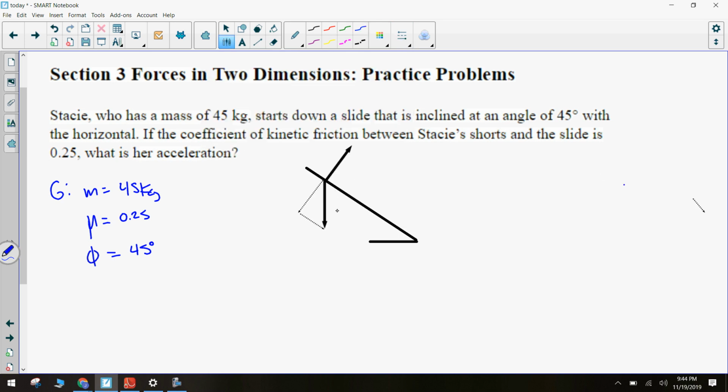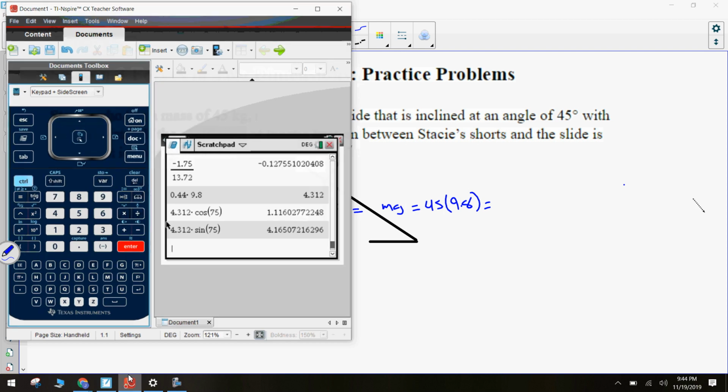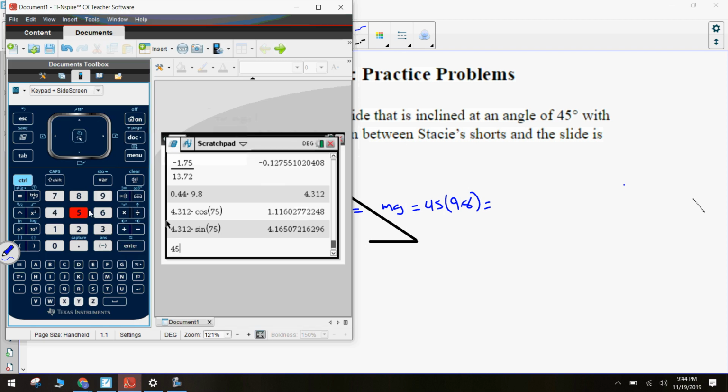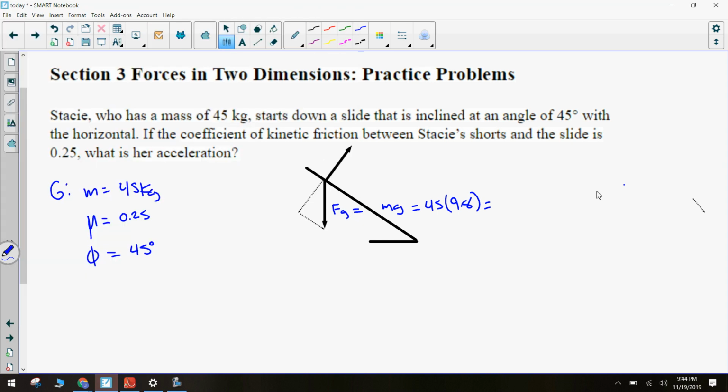Okay, so this is FG, which is equal to mg, which is equal to 45 times 9.8. Go to the calculator, 45 times 9.8, enter, 441 newtons.